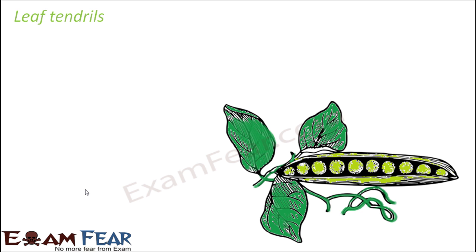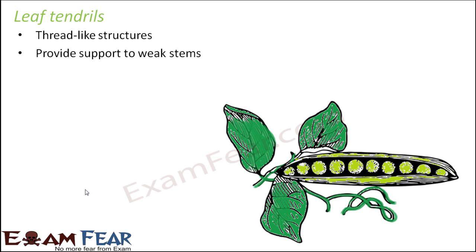So leaf tendrils and stem tendrils both perform the same function. It is just that in some plants stem tendrils are present, whereas in other plants leaf tendrils are present. Stem tendrils were present in climbers like the grapevine, whereas leaf tendrils are present in plants like the pea plant. These are thread-like, flexible, coiled structures, and they can attach themselves to any object, and thus help the plant to climb.